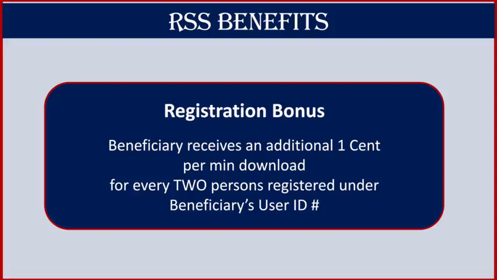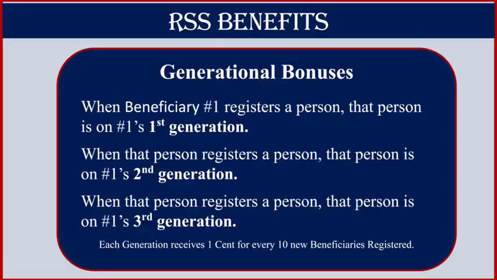A 1 cent per minute download is $100 a week. Wow. So each one of these, you get another $100 every time you get a 1 cent increase. That's another $100 in your account per week, or $400 per month. Cool. And you get one of those for every 2 people that you sign.